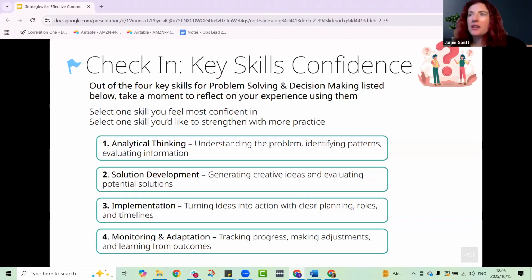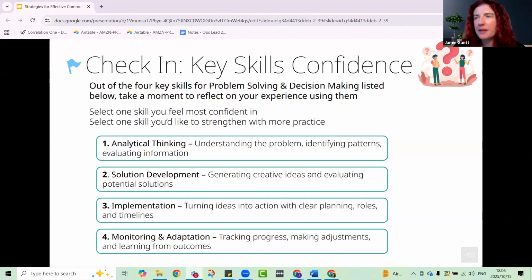All right, so let me know. Analytical thinking, solution development, implementation, or monitoring and adaptation. 1, 2, 3, or 4. Are there any of them that feel particularly challenging or any that you feel most confident in? Feel free to share.